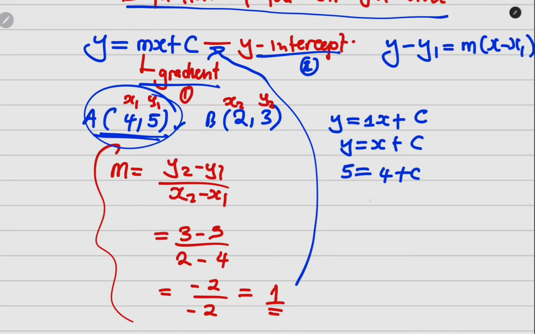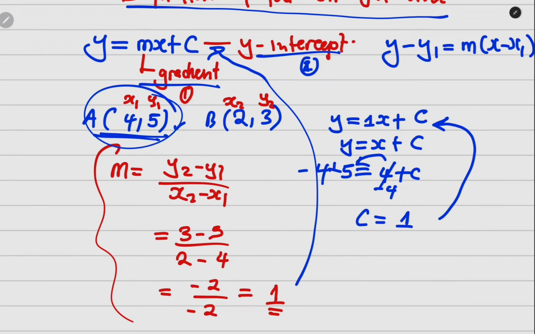Remember, our goal is to find c. So we look at the additive inverse of the 4: we subtract 4 here, and also here we subtract 4. What are we going to have? c equals 1.